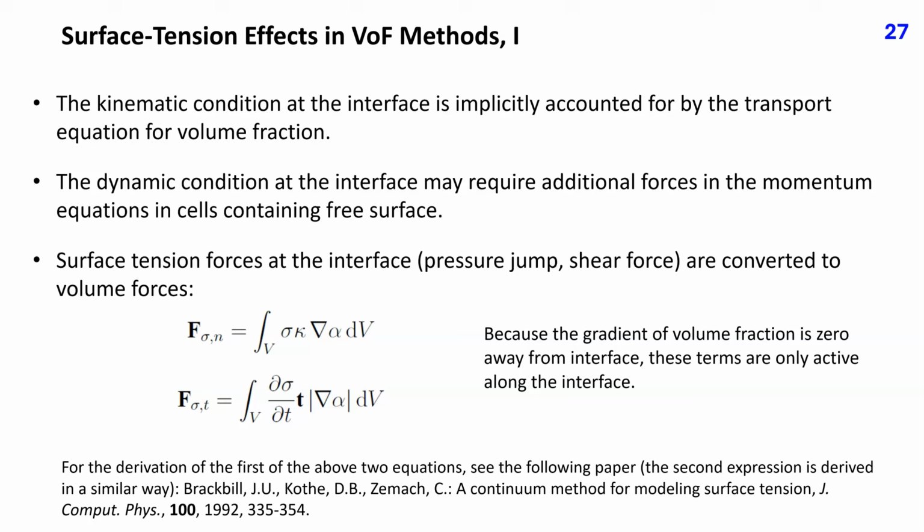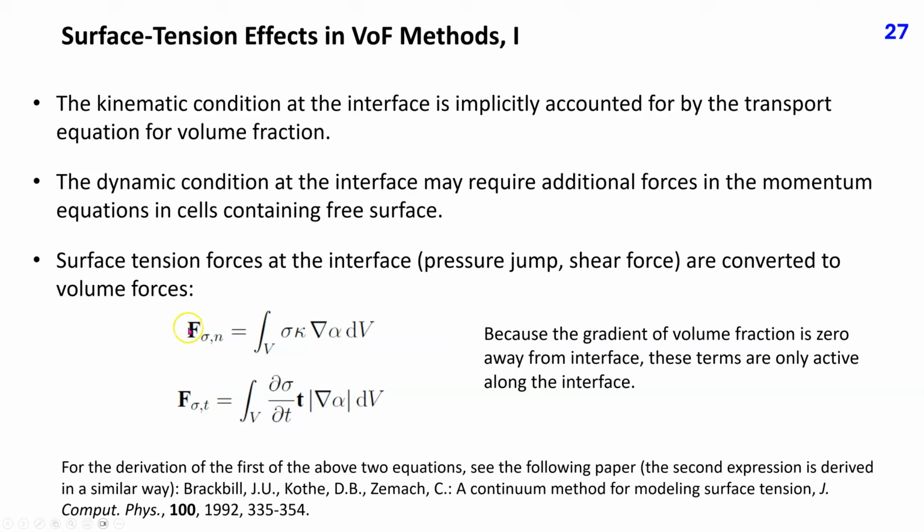Surface tension forces at the interface, that is, pressure jump in the normal direction if the interface curvature is significant, and shear force in the tangential direction if the surface tension coefficient is not constant, need to be converted to volumetric forces. The force acting in the direction normal to the free surface is proportional to the product of surface tension coefficient sigma, free surface curvature kappa, and the gradient of volume fraction.